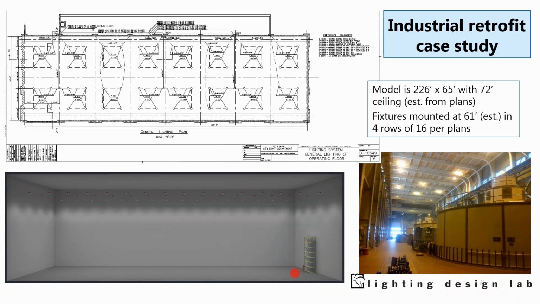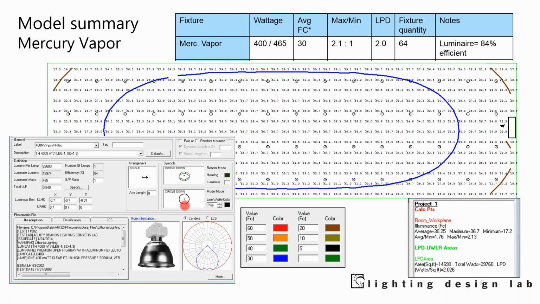And so we did a little bit of a baseline. They had mercury vapor fixtures, so almost anything would be an improvement. And so we did a baseline to find out they were getting about maybe 30-foot candles if everything was sort of new. Their lighting power density was about 2 watts per square foot.